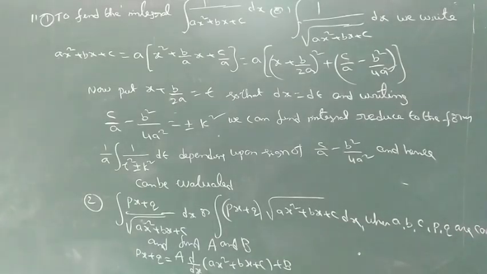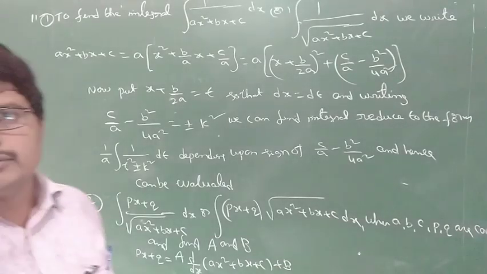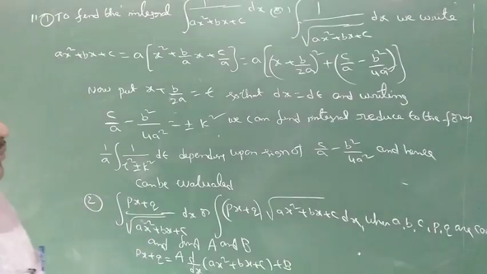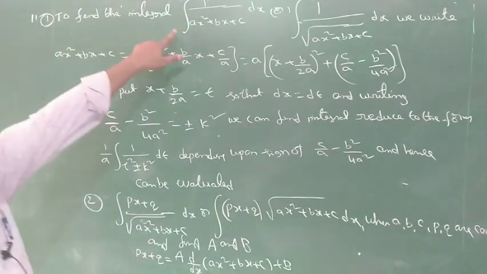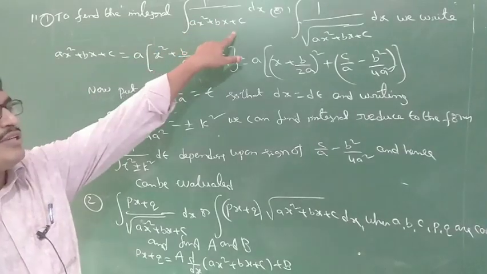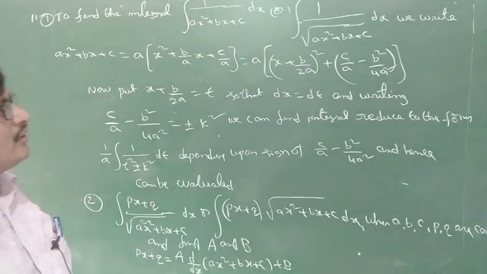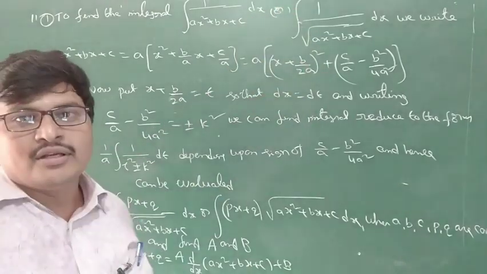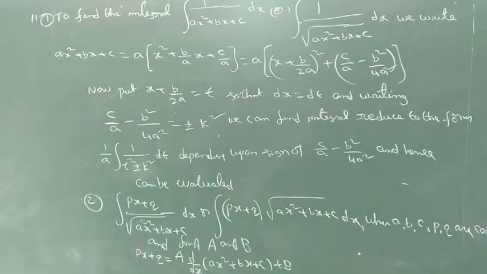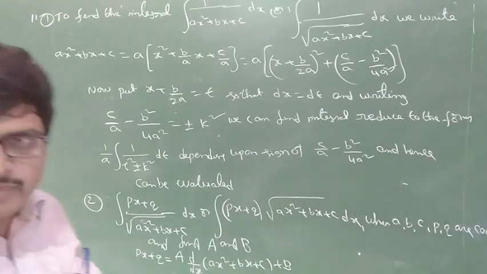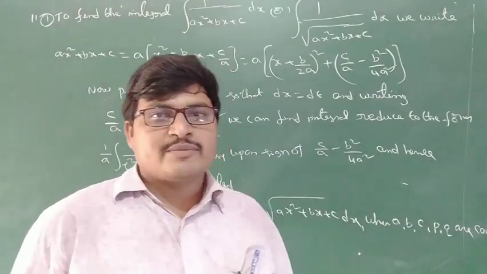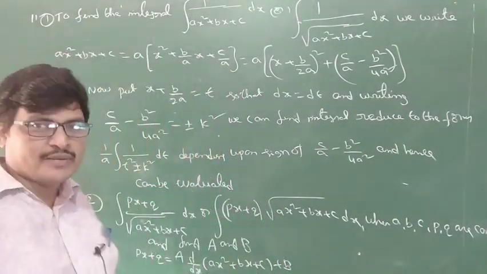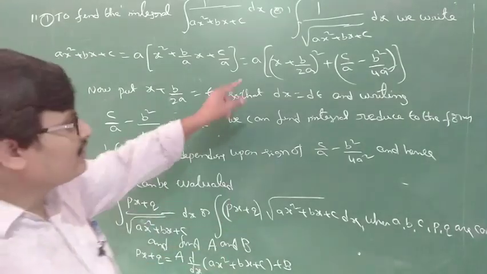Next, exercise problems. Which type of problems? 1 by ax square plus bx plus c, or 1 by root of ax square plus bx plus c. Ax square plus bx plus c is in quadratic form, like x square plus 2x plus 3, x square minus x plus 5; second degree equations are given.